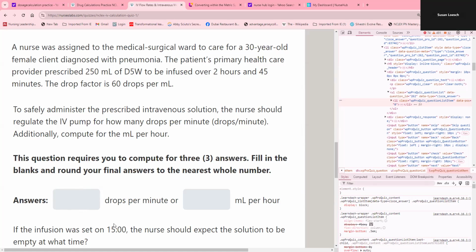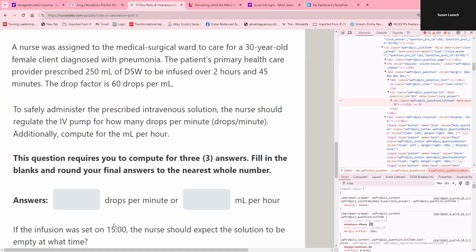So that component is going to go on the top. I'm going to go to the whiteboard and do this. That component is going to be on the top. So you have 250 mLs. That's your total volume. All right. And then you have to have your time in minutes. So right now you have 2 hours and 45 minutes. Your 45 minutes is already in minutes for you.